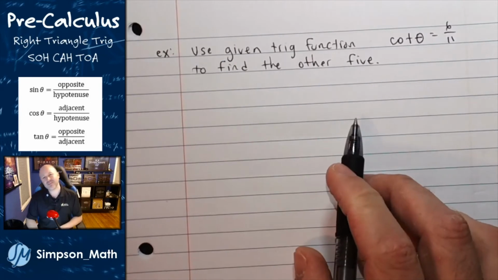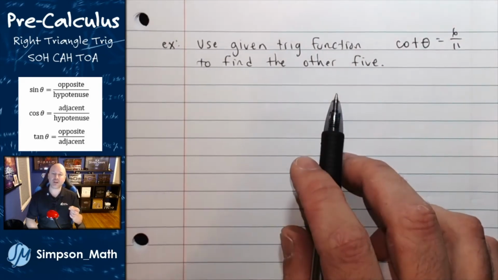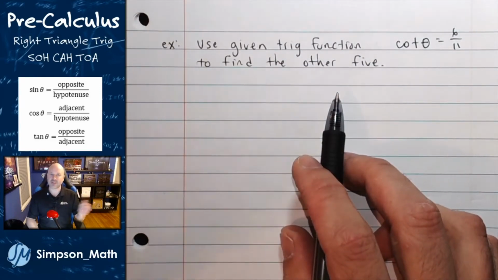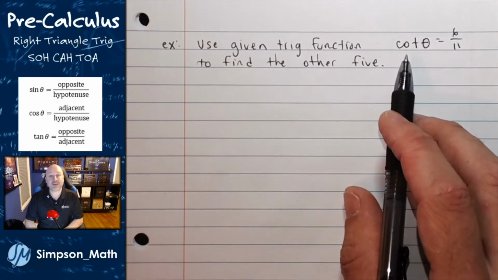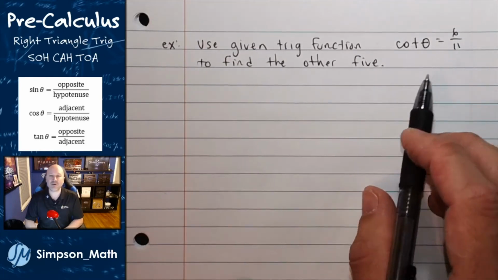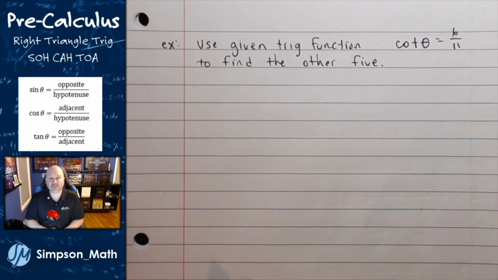We've done problems similar to this. Like we did some where I gave you a coordinate and you have to go off and find the other 6 trig functions. This is very similar to that. This time I've been given cotangent of theta is 6 over 11, and I want to find the other 5.